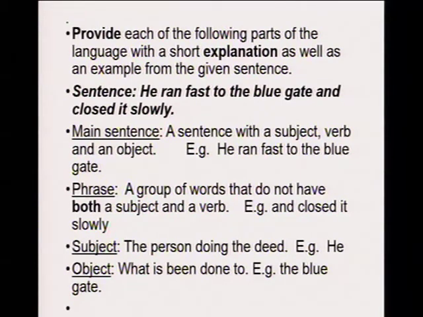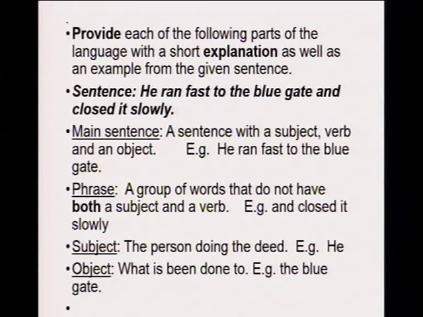The explanation for a main sentence is a sentence with a subject, a verb, and an object.